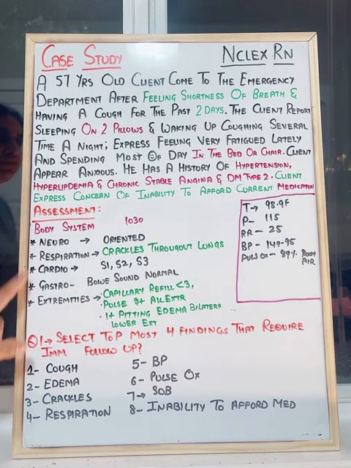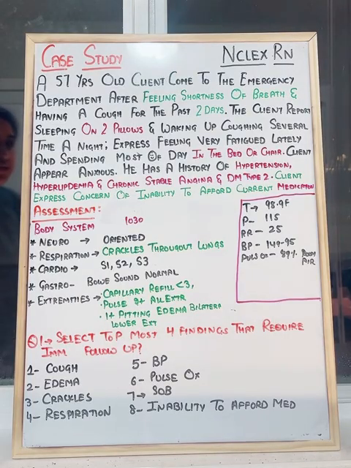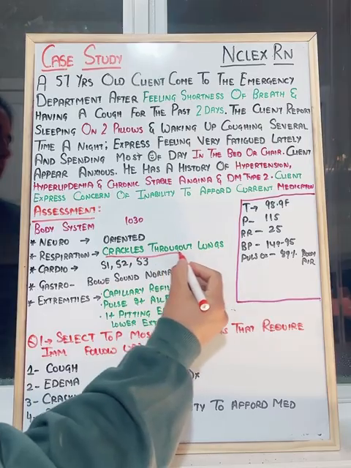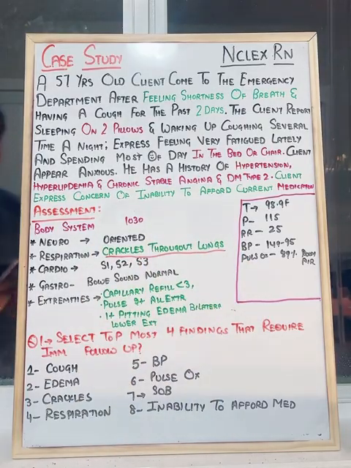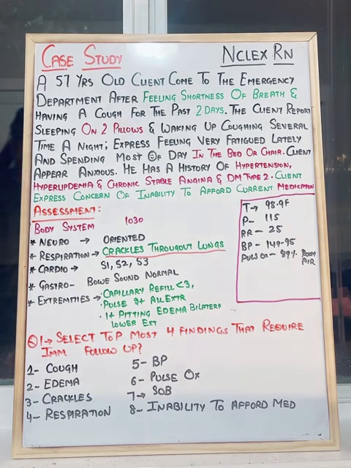According to the body system, neuro: patient is oriented. Next is respiration: crackles throughout the lungs. Cardio: S1, S2 and S3. For gastro, bowel sounds are normal.